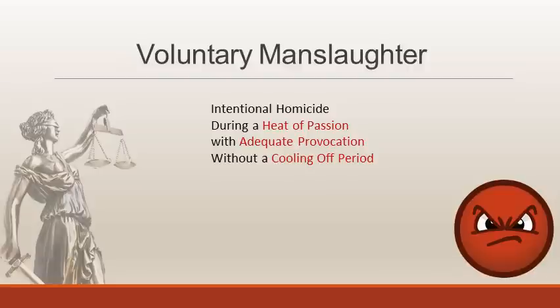A heat of passion is being under the influence of such intense, profound emotions that you're just not thinking straight. This would be a heat of passion. So walking in on your spouse with your best friend, and then you grab your pistol under the influence of that passion, would probably qualify and establish this particular element for voluntary manslaughter.